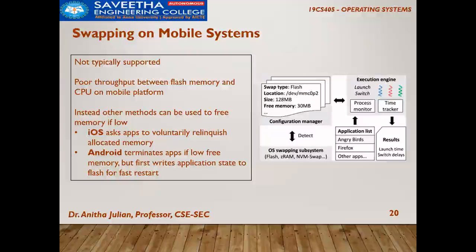It sees the size of memory is this much, and free memory is only 30 MB, so we want to free memory. So it calls the configuration manager, and the OS swapping subsystem is enabled. Once this is done, the time tracker will show how long it took to do this operation. The result will be displayed on your device that the switch operation has been successfully executed and the memory has been freed.